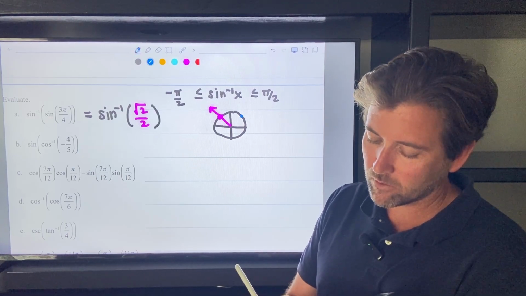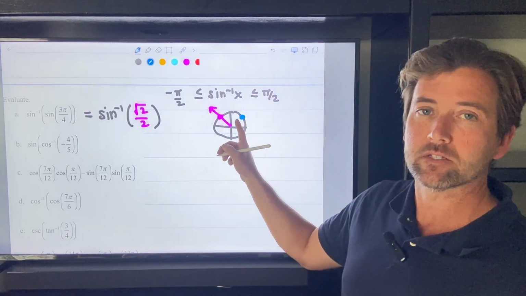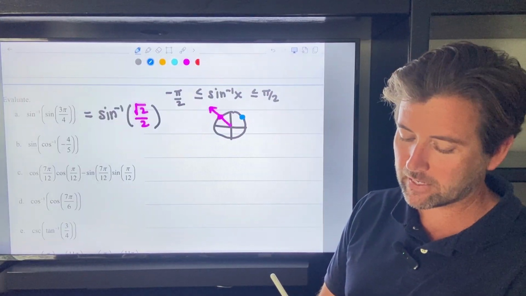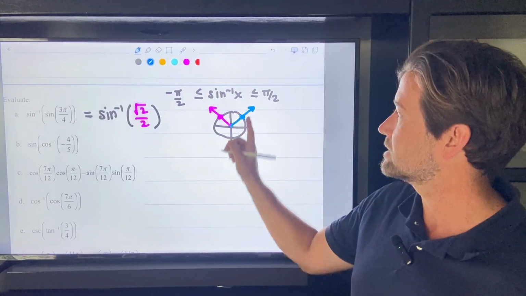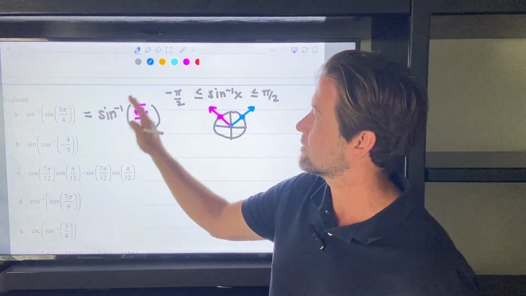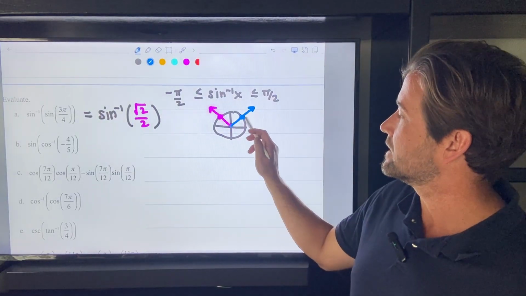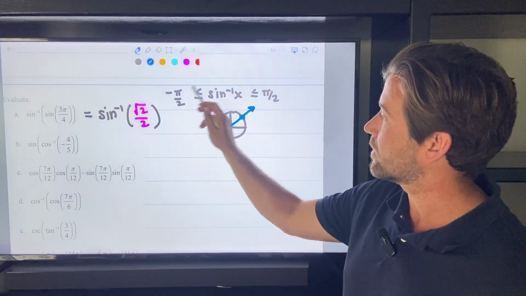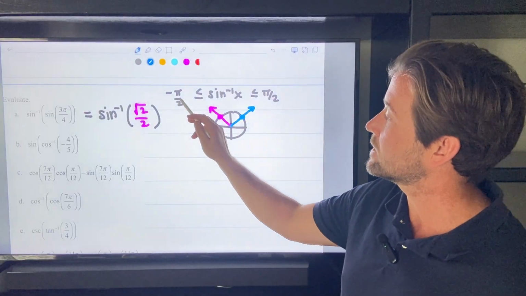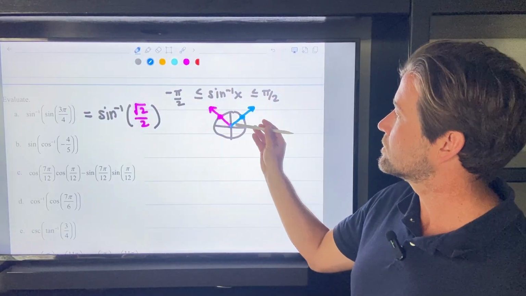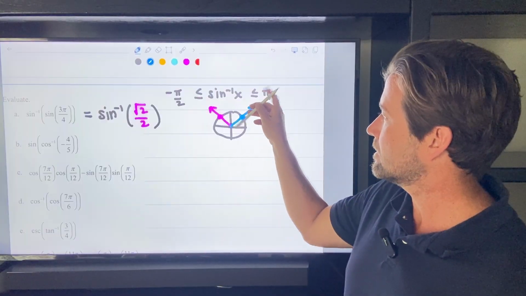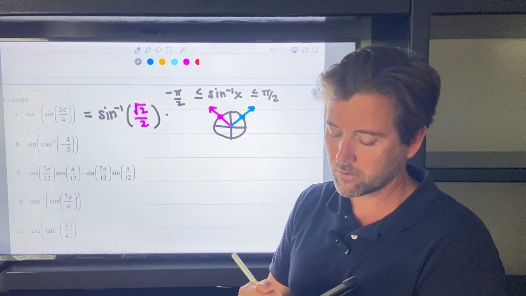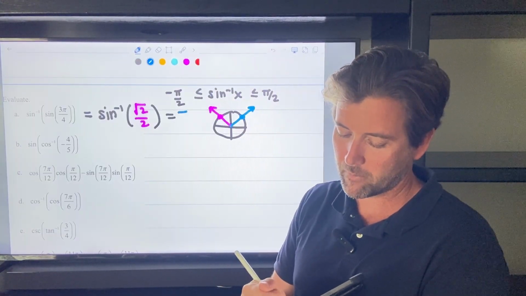And now right here in the first quadrant is another point that has that exact same y-coordinate. So the arc sine of rad 2 over 2 is going to be this angle in the first quadrant, because arc sine has to output an angle between or including negative pi over 2 to positive pi over 2. So this angle right here is pi over 4.